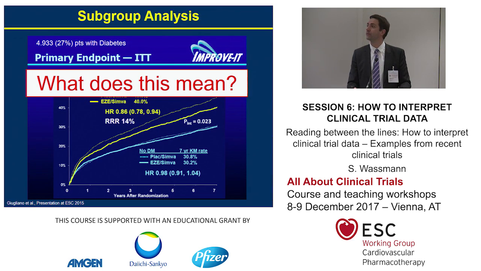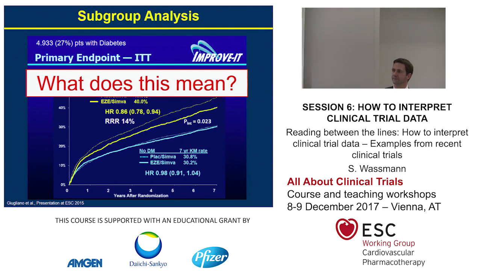There is also another point. Very often, the randomization scheme doesn't work here because patients were not randomized according to diabetes and non-diabetes. So these are unadjusted analyses, because the randomization for this kind of analysis doesn't really work.